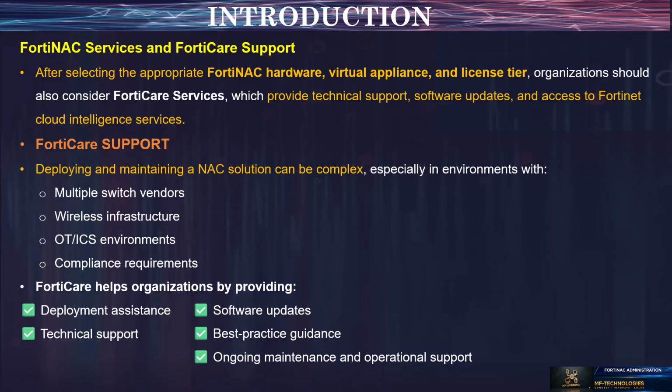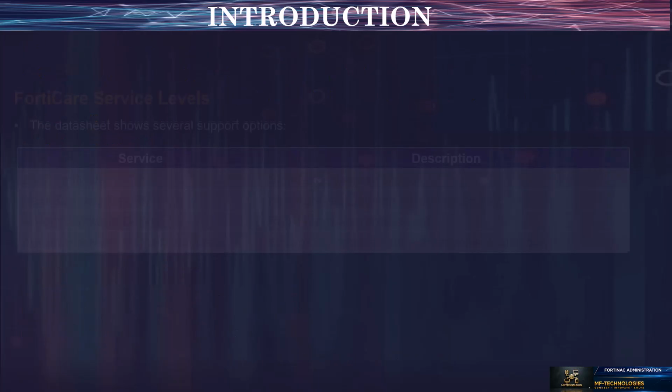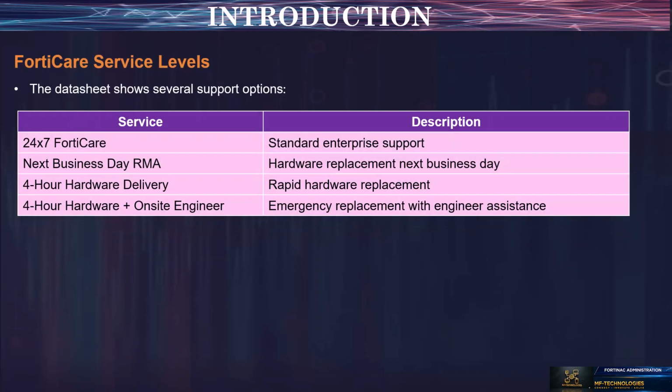Fortinet offers several levels of support depending on the organization's operational requirements. The available FortiCare support options are the standard 24/7 FortiCare, which provides around-the-clock technical support whenever assistance is needed. Organizations that require guaranteed hardware replacement can choose next business day RMA, where replacement hardware is shipped on the following business day.